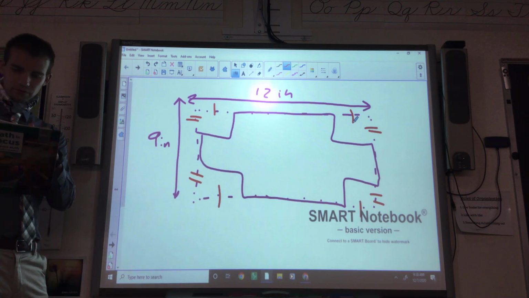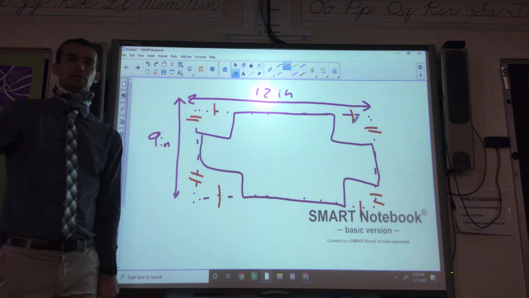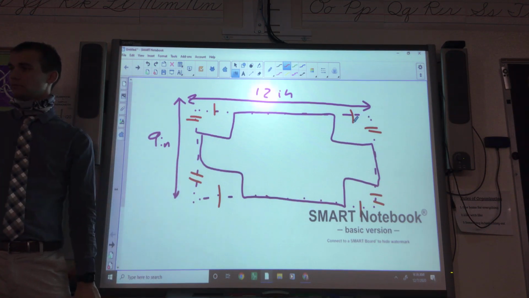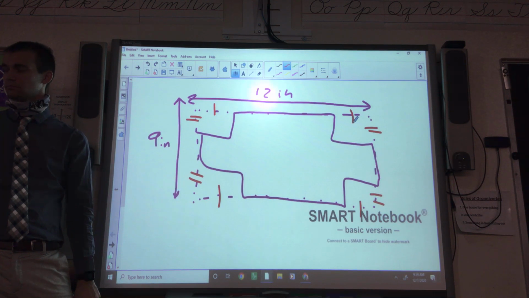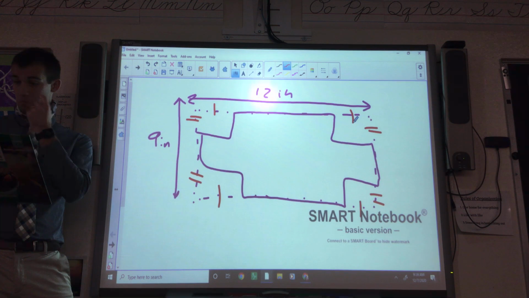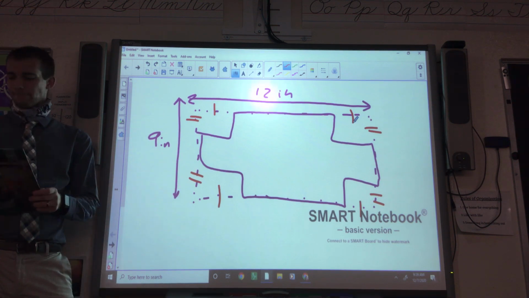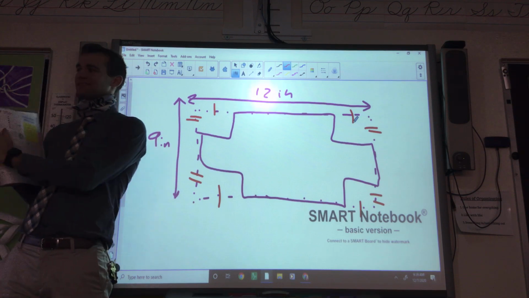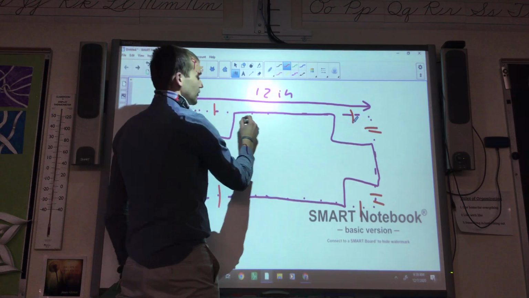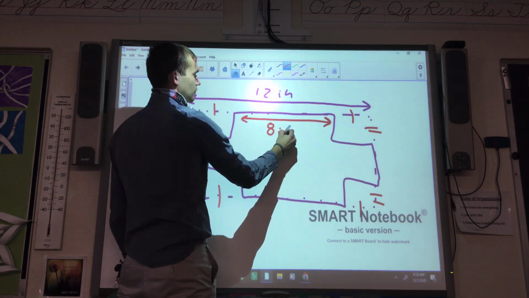Let's see here. If this and this are the same, what does that make this? 3. How do you know? Look at page 96. On the right hand side, it says this is how many inches? 8 inches.